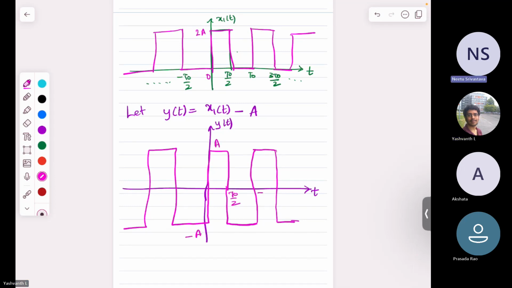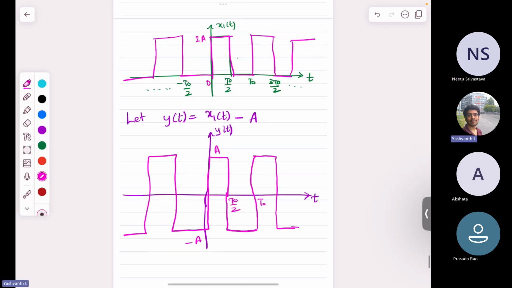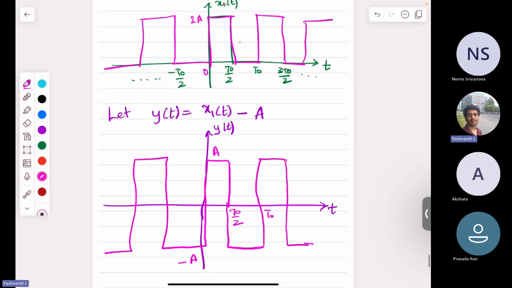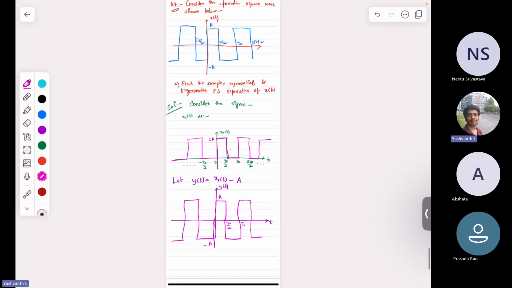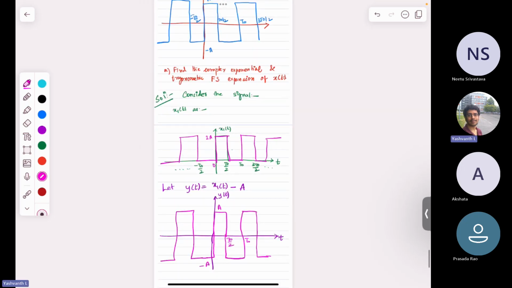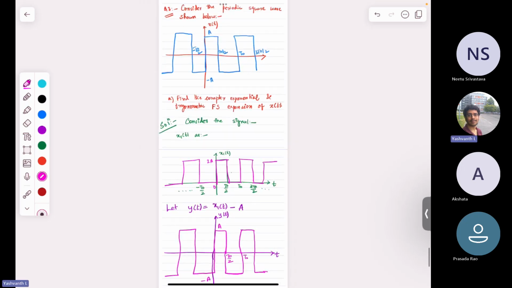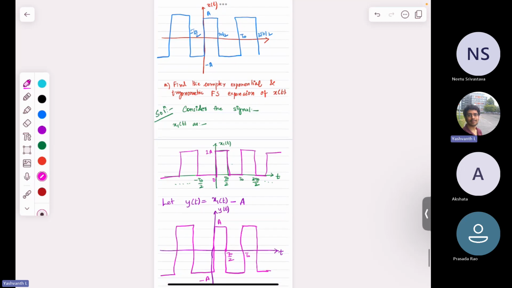Let me zoom out a bit. I'm showing all three pictures here: x of t, x1 of t, y of t. How are y of t and x of t related?